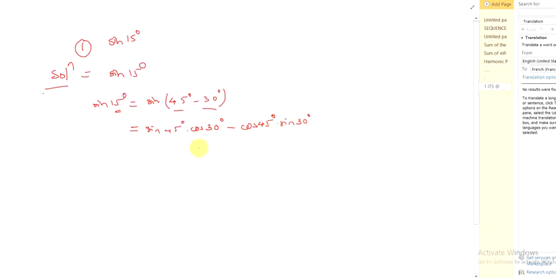And here for understanding purposes you can give the reference of the theorem also, that is sin(A − B) is equal to sin A cos B minus cos A sin B.